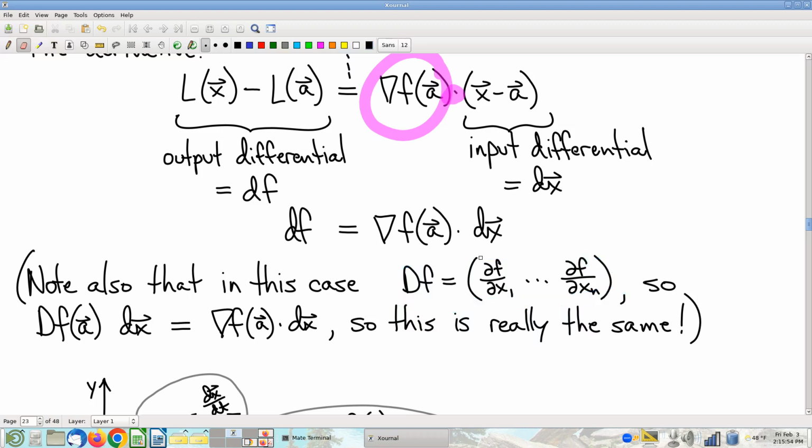In other words, I don't have to reinterpret. I don't have to choose whether I should use the gradient or the derivative matrix. For a real valued function where you can use either, they're literally the same formulas, just written with a different notation. Okay.